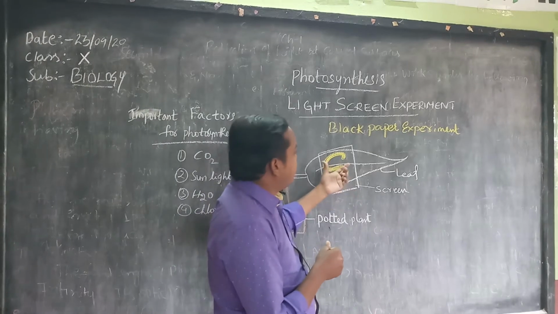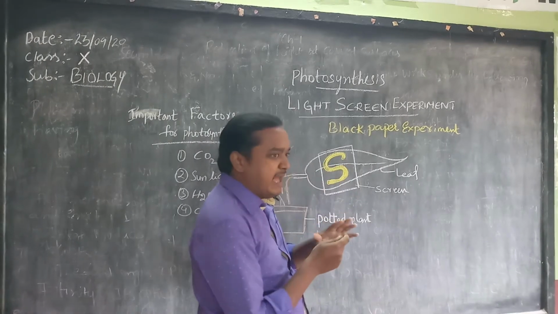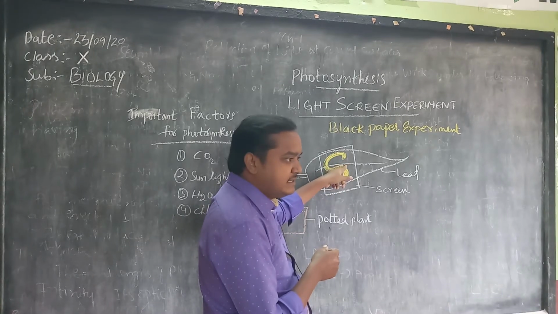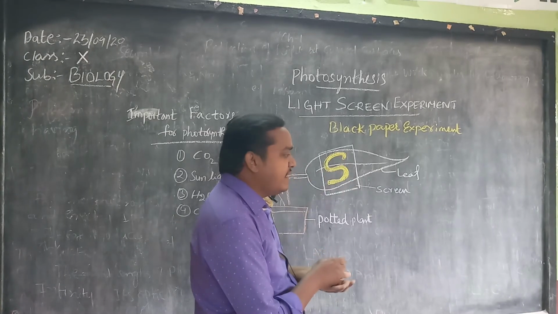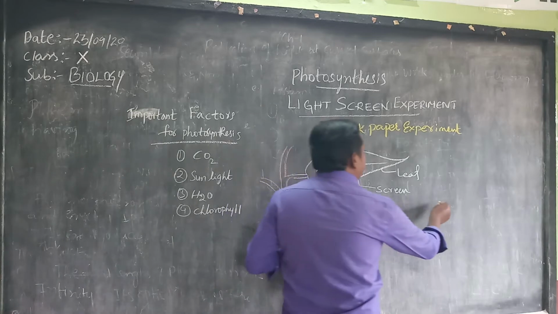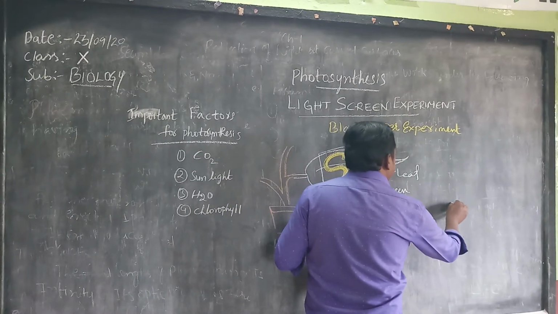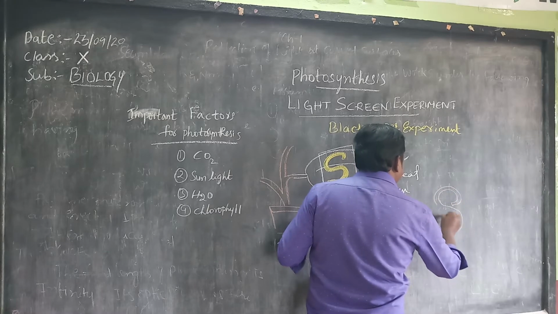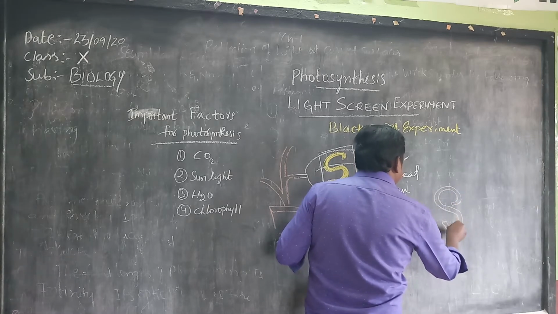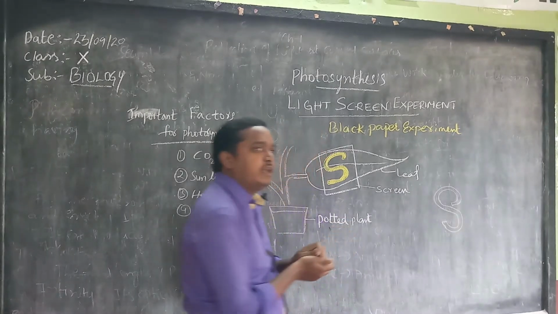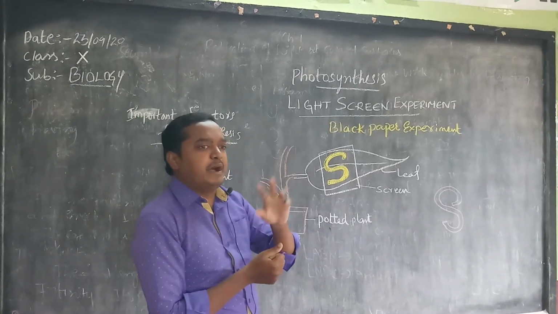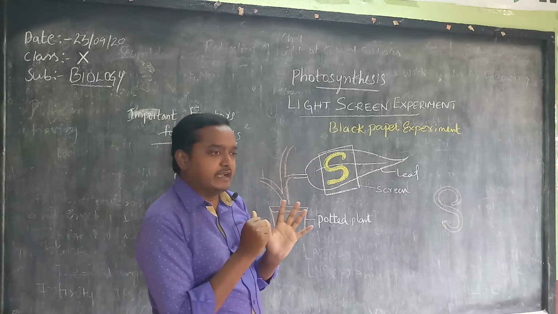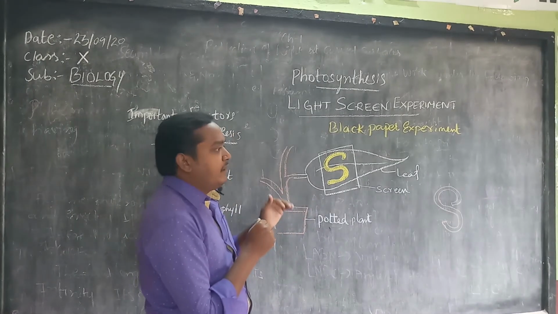Now, next is a screen, nothing but black paper which is cut in the shape of S, open in that shape. So the S part should be cut and made ready.